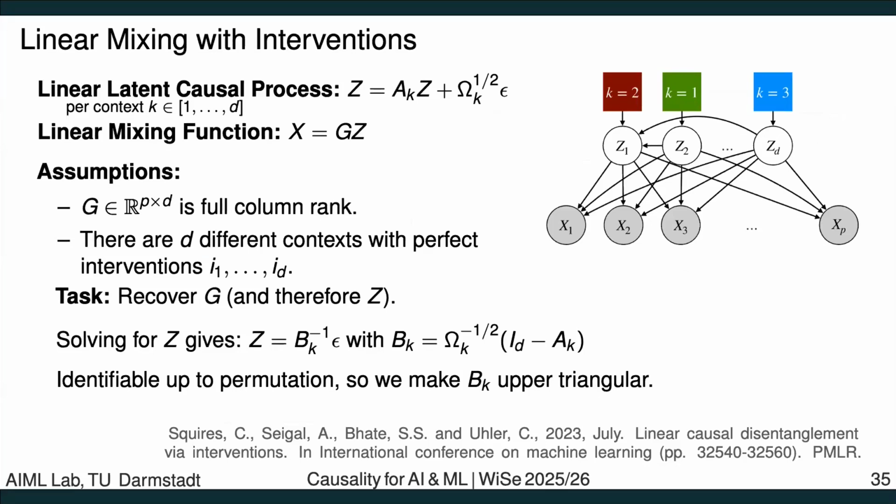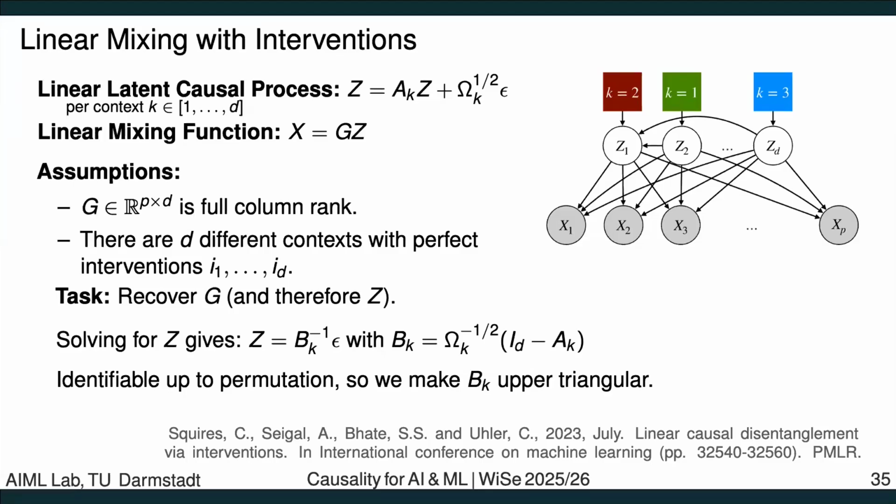We are first in a very simple setting, where we have some latent vector Z. We have a linear process, so the latent causal model or structural equations F are linear. It's some sort of matrix plus a noise. And also the mixing function is linear, so it's some sort of matrix that translates my latent variables to my observations.